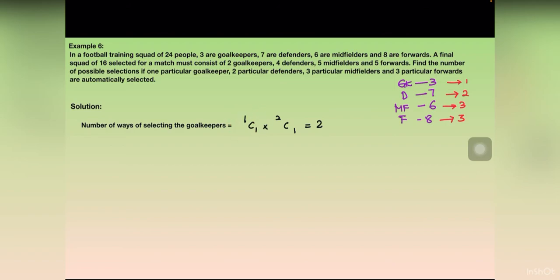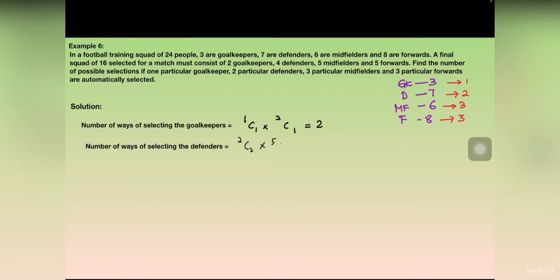So 1C1 times 2C1. The goalkeepers, we have 3, and now we have 2 persons left, because the particular one is already selected. 2C1 equals 2.